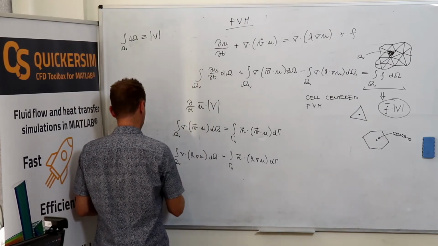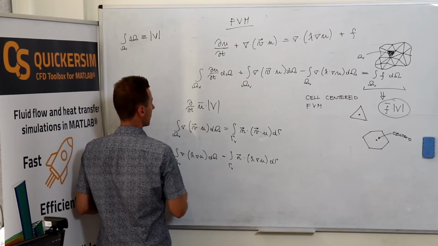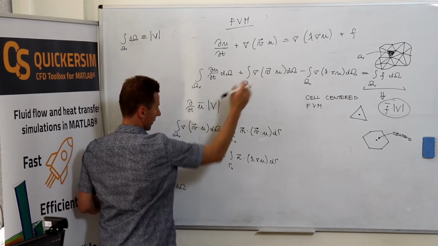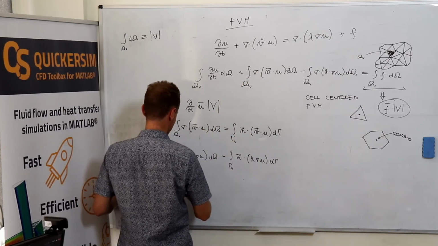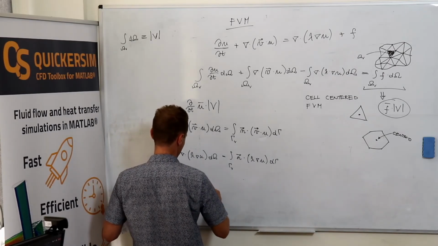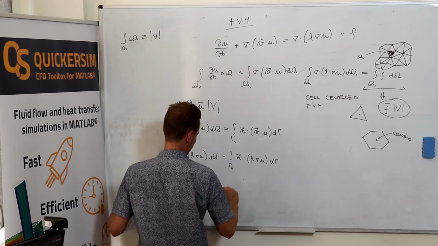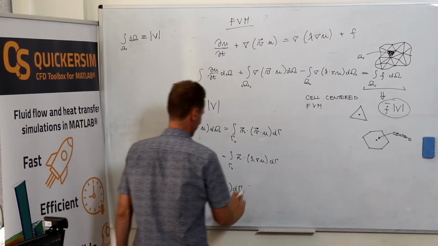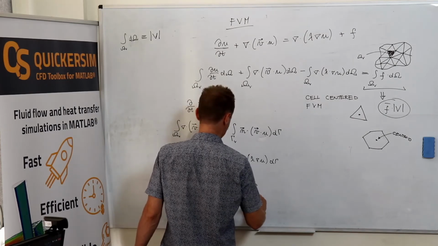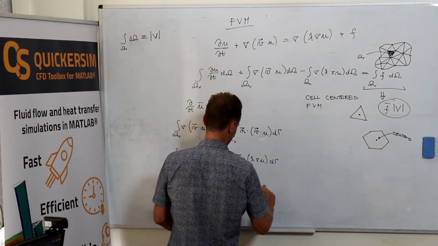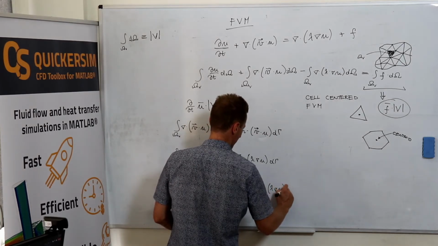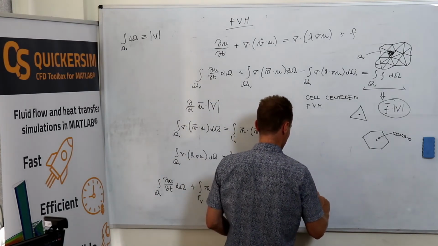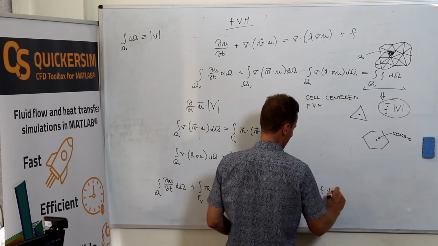So: the integral over omega v of du/dt d omega, then this term translates to that, plus or minus, equals the integral over omega v of f d omega.